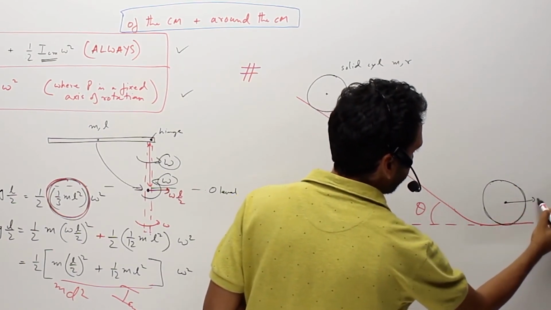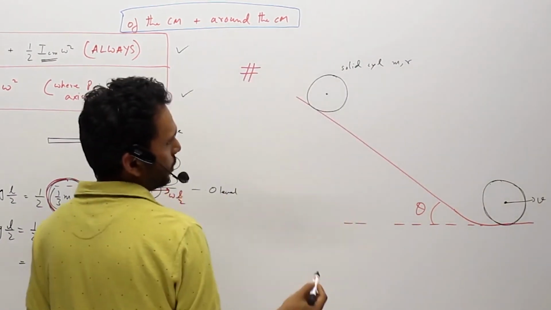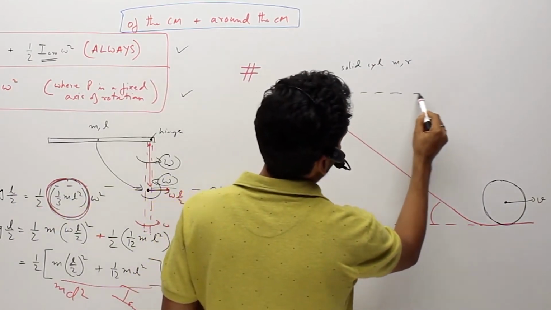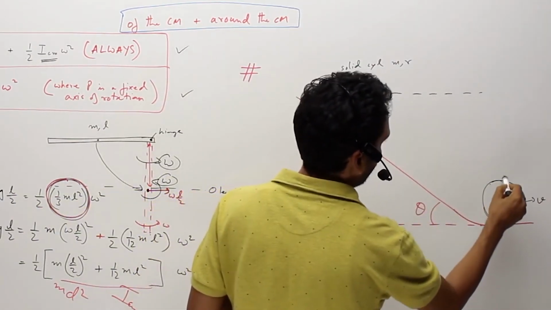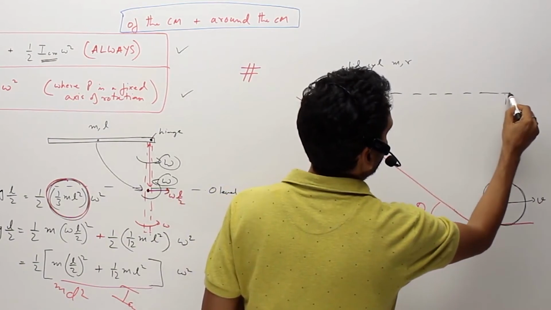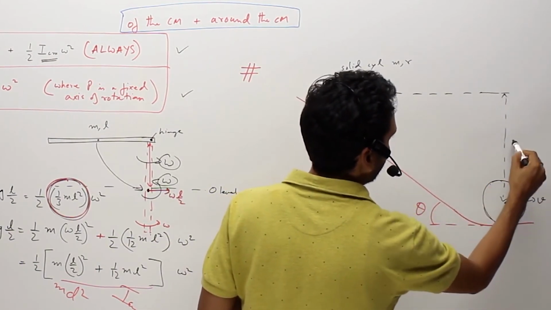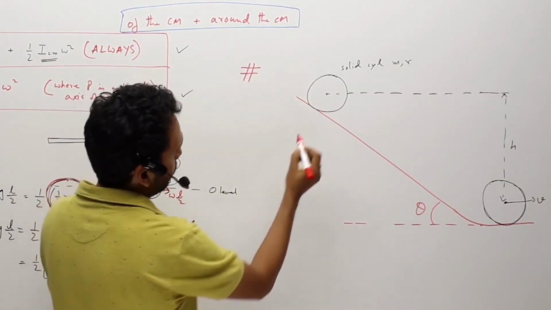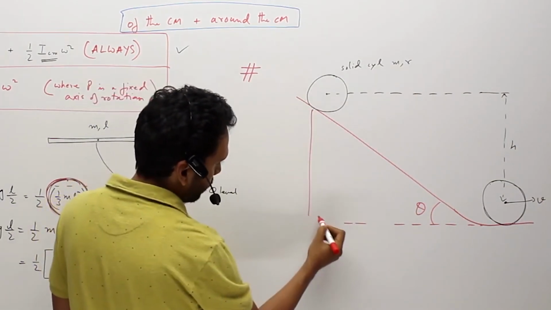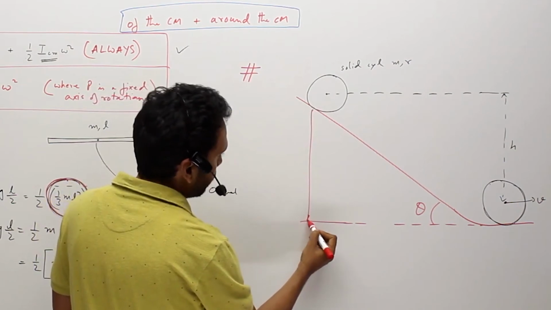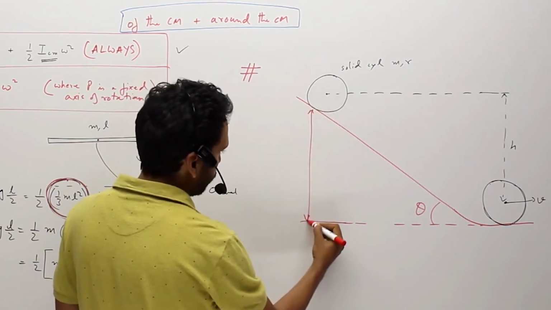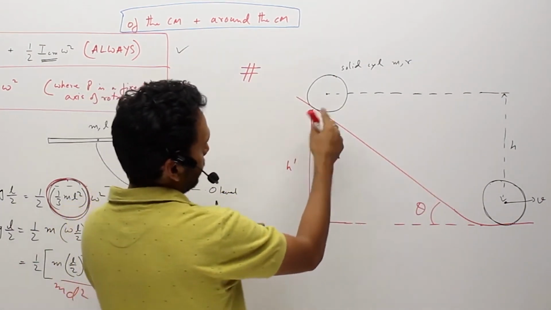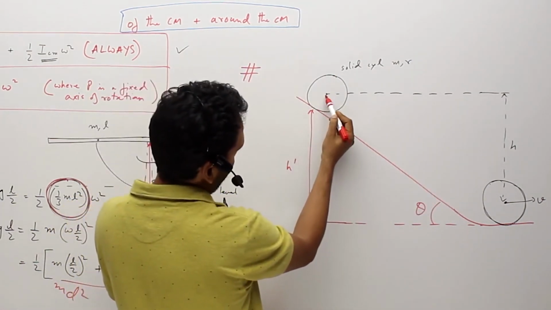It reaches over here. I need to know the velocity, and since we are just practicing the formula, what I am going to give you is the exact loss in height. So it was h above. Mind you, the loss in potential energy, if this was say h dash, this h dash is not h. What you have to see is how much is the angle.